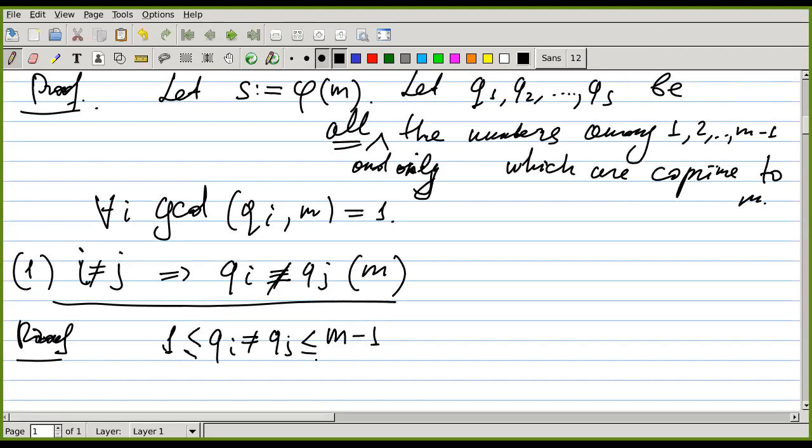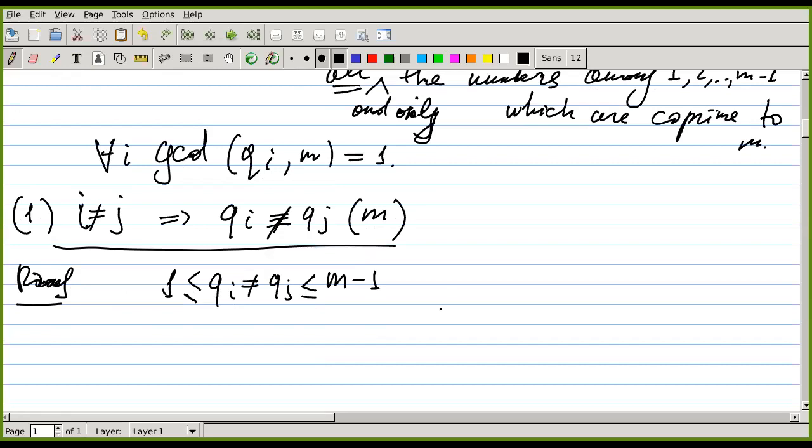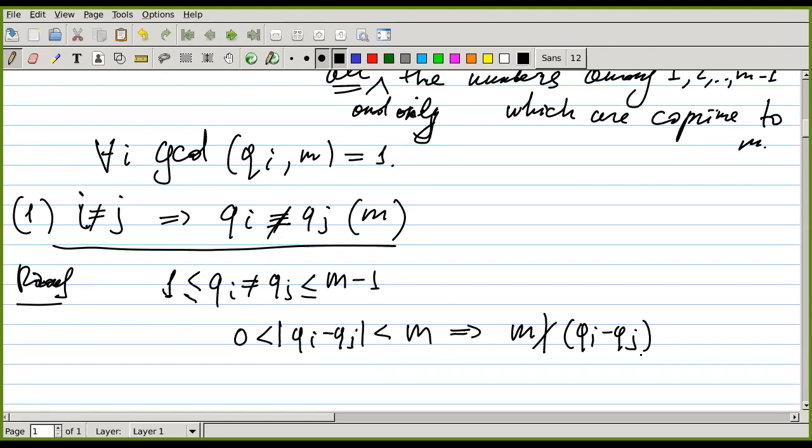Is it clear? Yes. Do you agree that the absolute value of the difference is greater than 0 and less than m? Yes. That means that the difference cannot be a multiple of m. Is it clear?